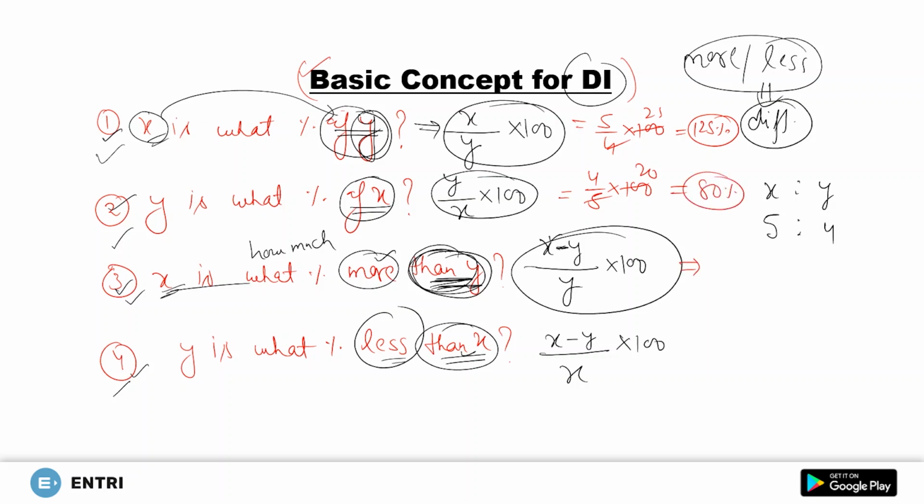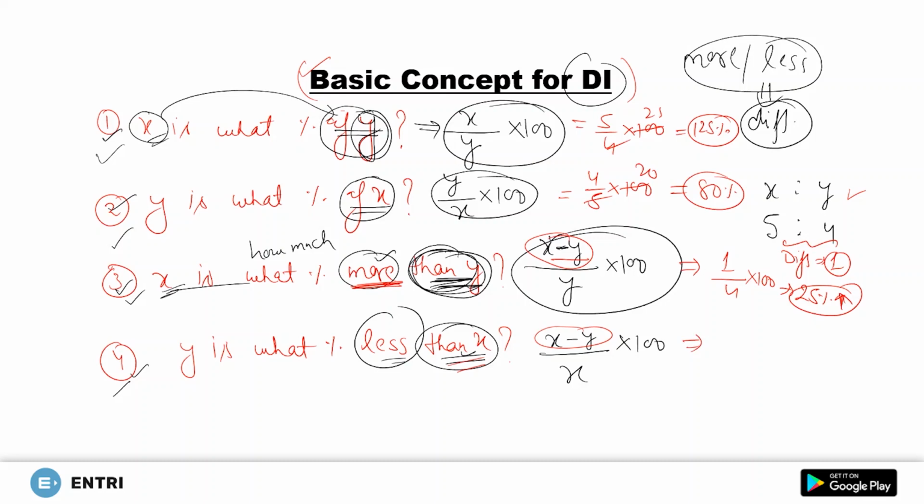Now move to the next question. X is what percent more than Y? So here it is X minus Y upon Y into 100. The difference of X and Y is 1. So 1 upon 4 into 100, and this will give you 25%. So you can see here X is 25% more than Y. Now Y is what percent less than X, which equals X minus Y upon X into 100.